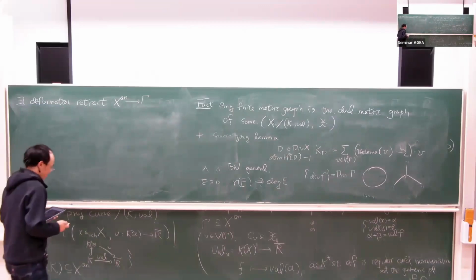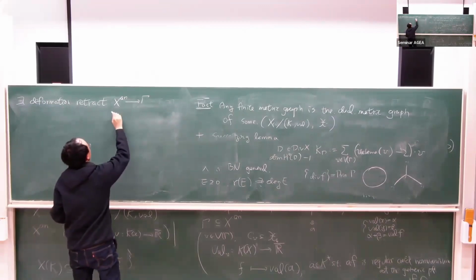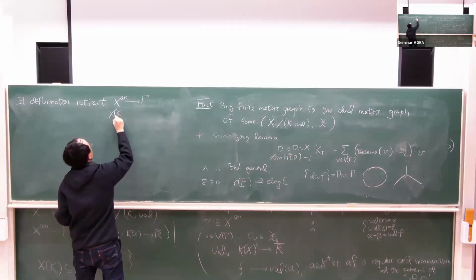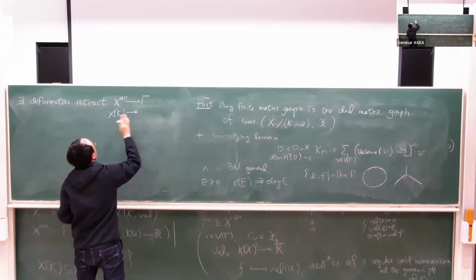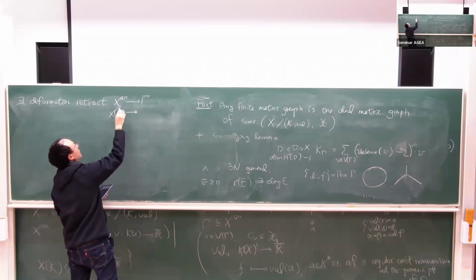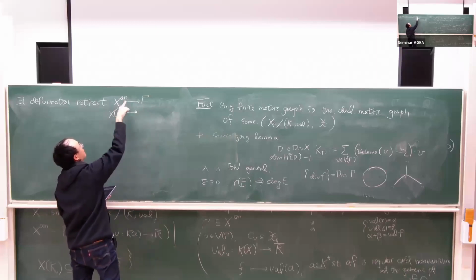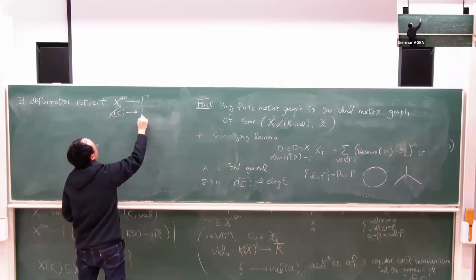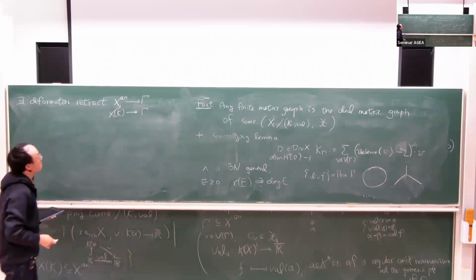And also this map induces a surjective map from the K points of X. So we have mentioned that this is naturally embedded in the identification. This is surjective to the gamma.